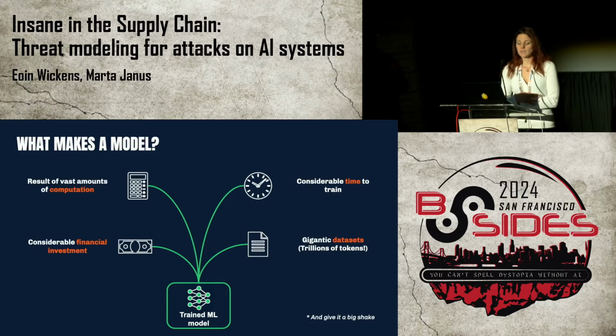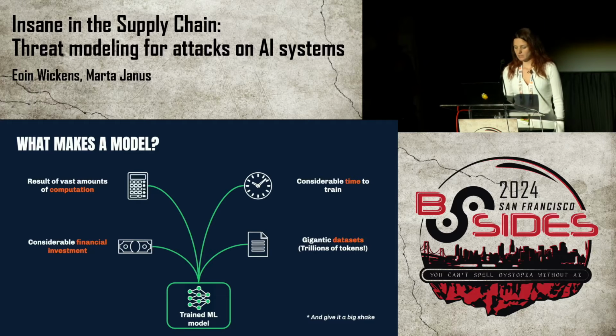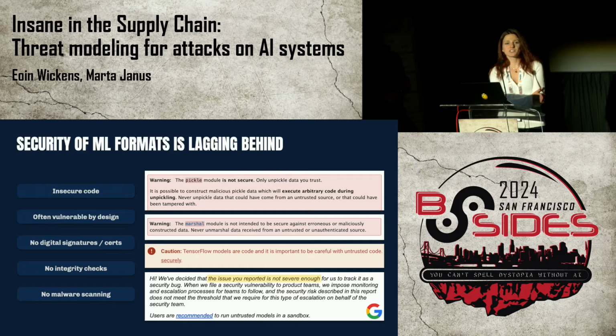That's on the surface. Under the hood, a trained machine learning model is basically code. To be more precise, it's usually a huge chunk of binary data wrapped up in a serialization format. Those serialization formats are inherently insecure. Not all of them, but a great many of them.